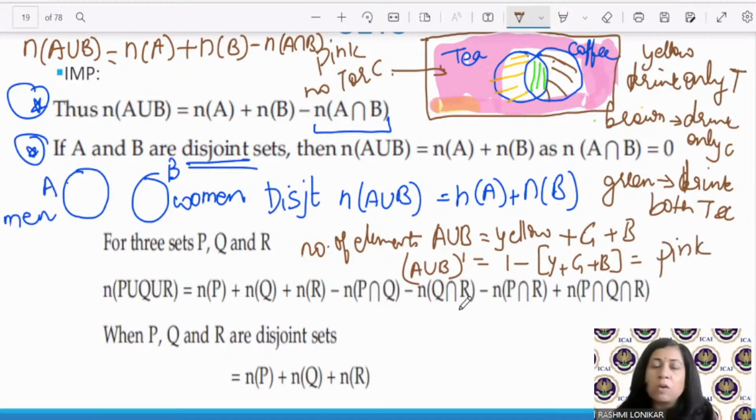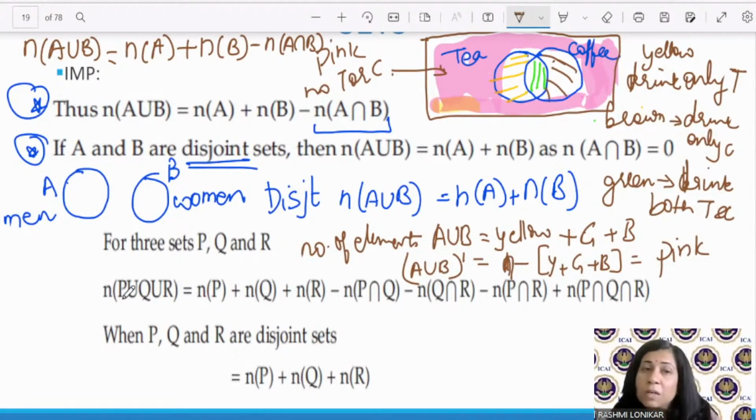What will be the number of elements in A union B complement? It will be the elements present in pink. This can be 1 or this can be n, whatever total number is given of the universal space.